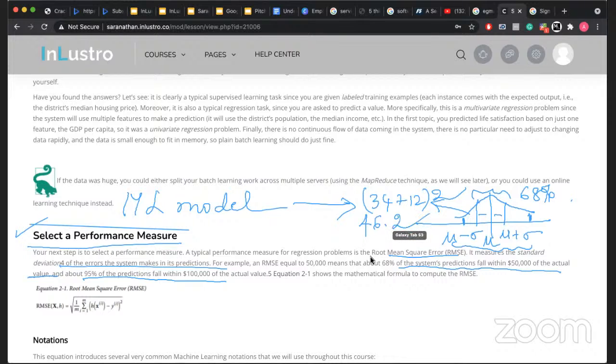it's 46 into 2, which is 92%. So 92% of the data is covered here. In some cases, they model it as 34 plus 14 rather than 12, in which case we can say that it's 96%.